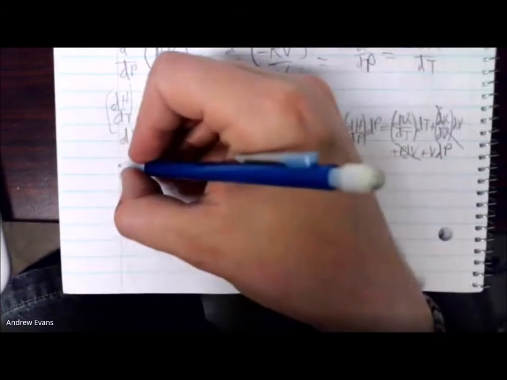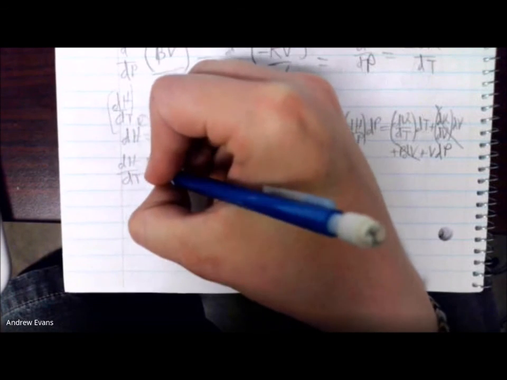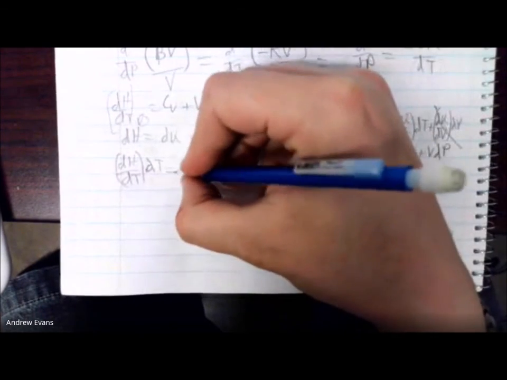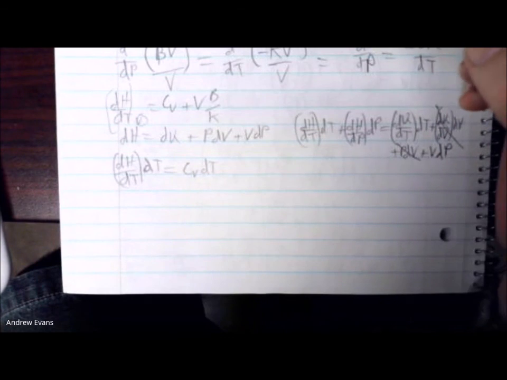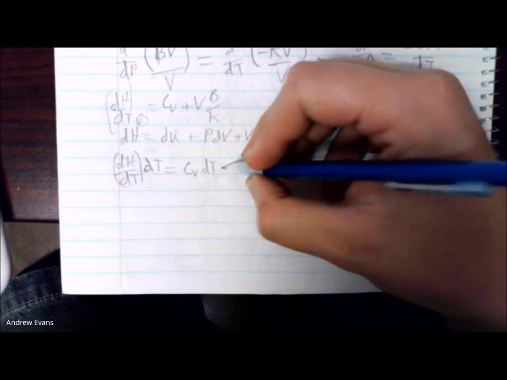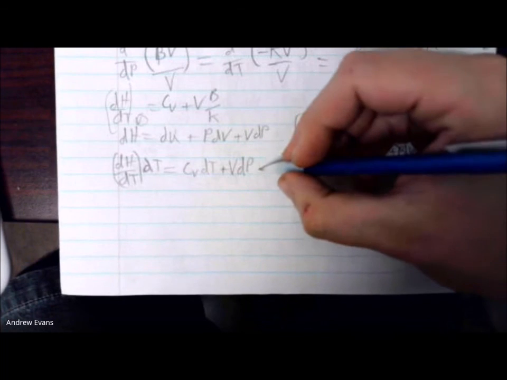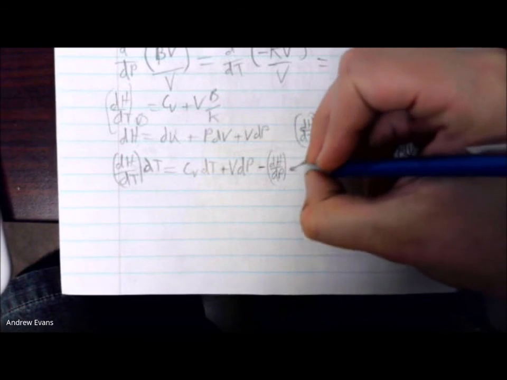Now, we are going to make a handy exchange before we go any further: dU dT is equal to C sub V. So we have C sub V dT. And I'm going to go ahead and get the dH dP to the other side, plus V dP and dH dP dP.